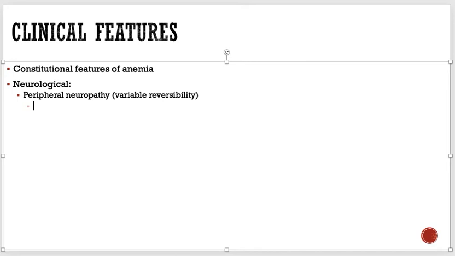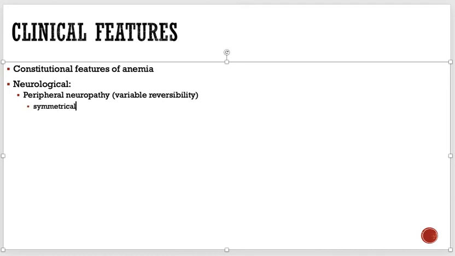And these are the patients who have tingling sensations, pain, and numbness due to peripheral neuropathy. Of course, it is going to involve both of the lower limbs, so it will be symmetrical.